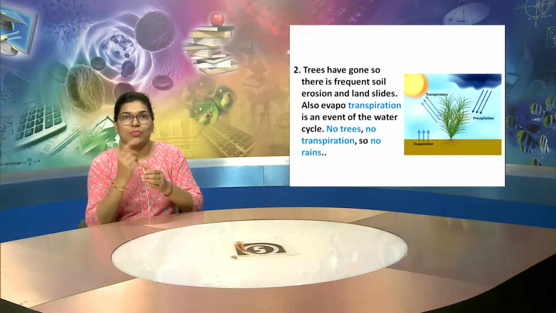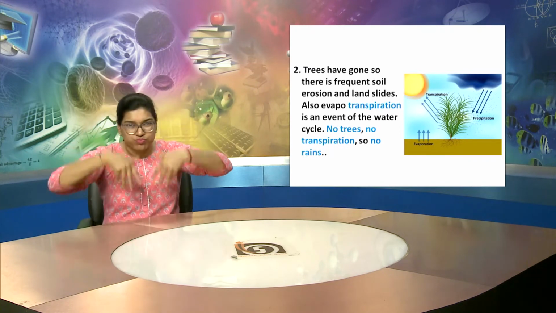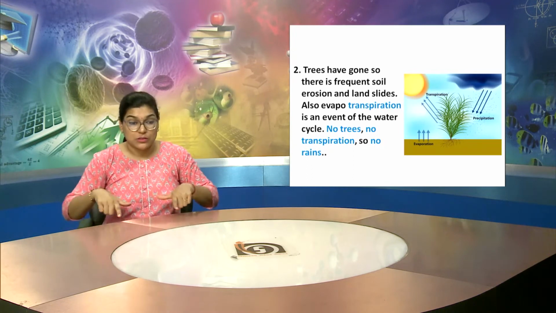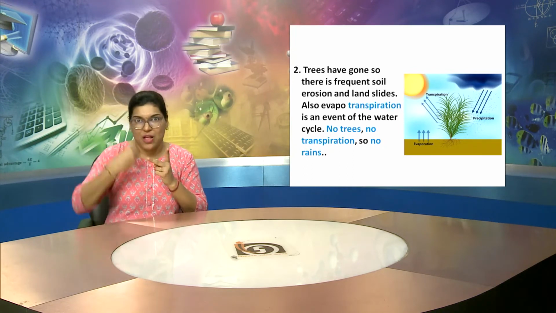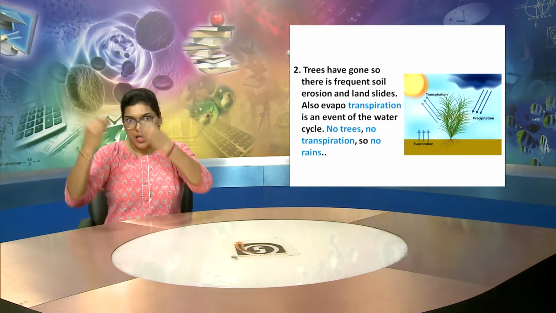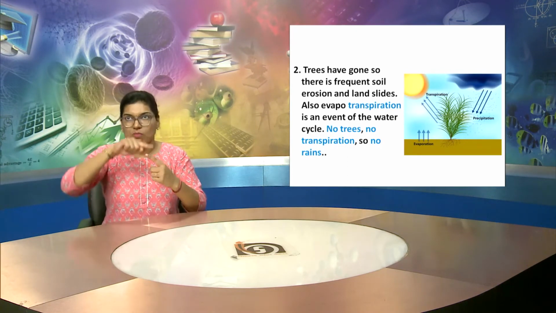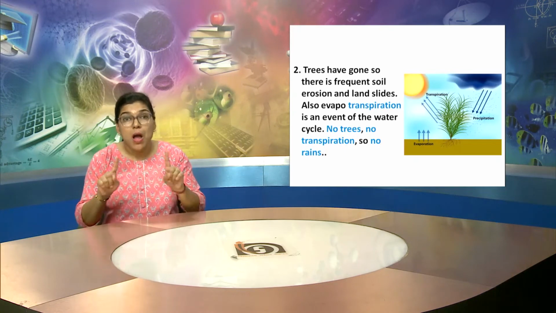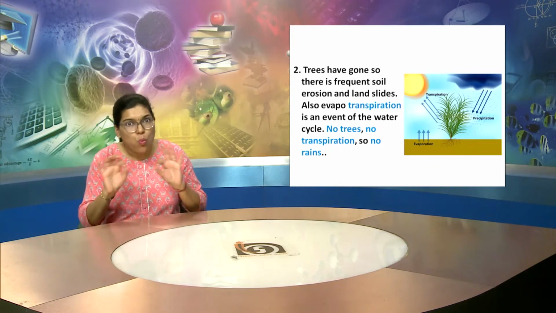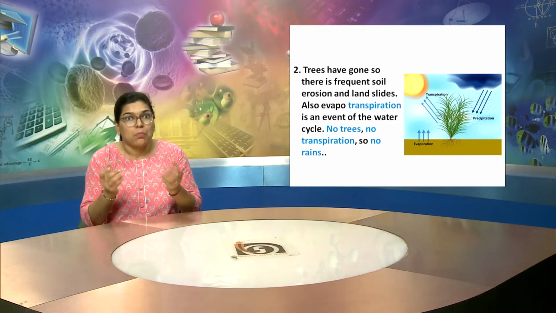We know that plants have roots, and when there is any rain, the roots keep a hold of the soil and do not let the erosion occur. This process happens naturally. So when there are no trees, then the whole system would get disturbed.